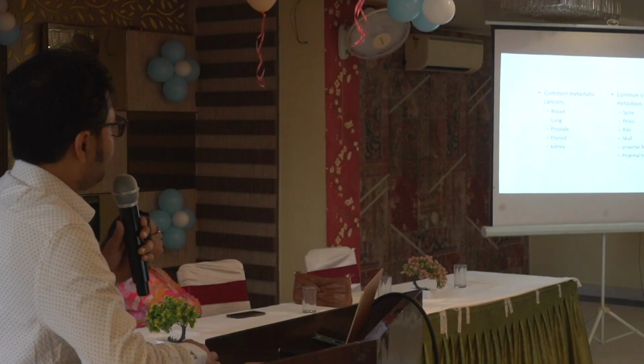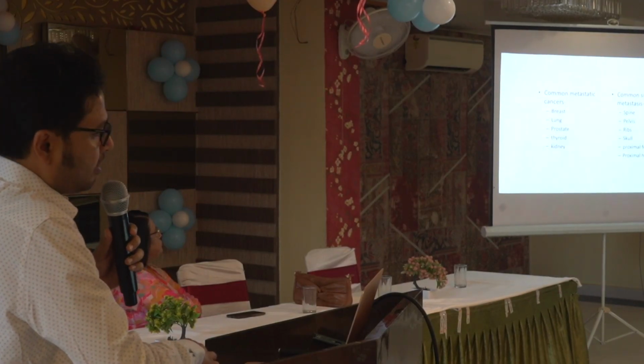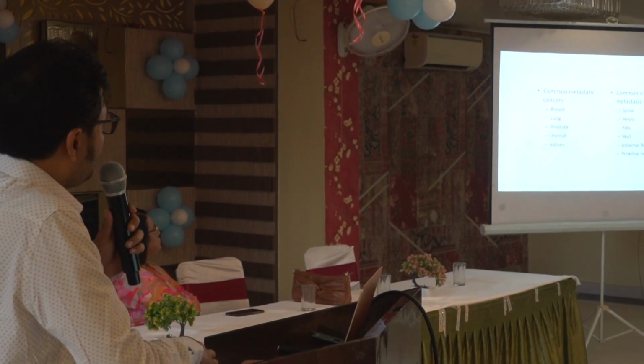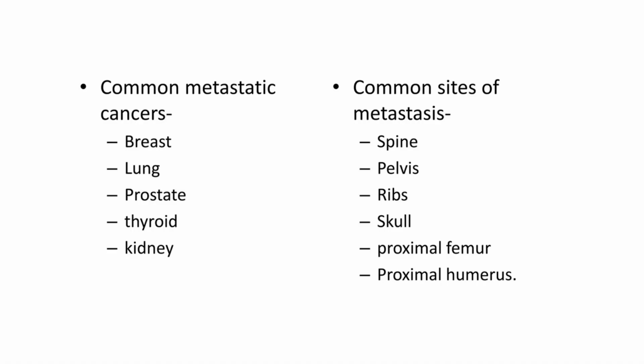Among the metastatic causes, the most common primary sites are breast, lung, prostate, thyroid, and kidney. So whenever we suspect that a fracture has been caused by a metastatic lesion, we should think of these primary structures, and we should investigate and examine accordingly.